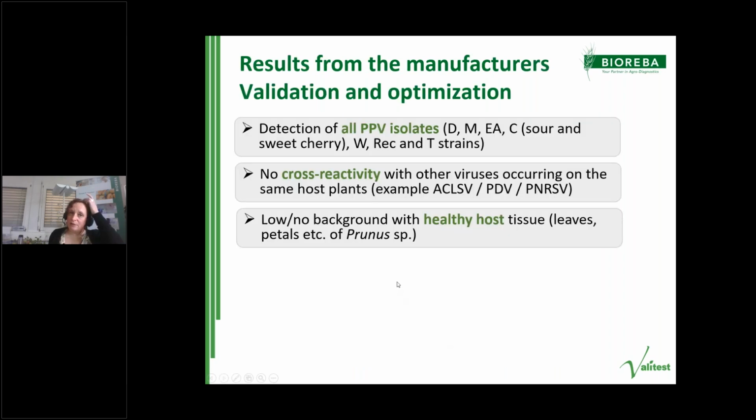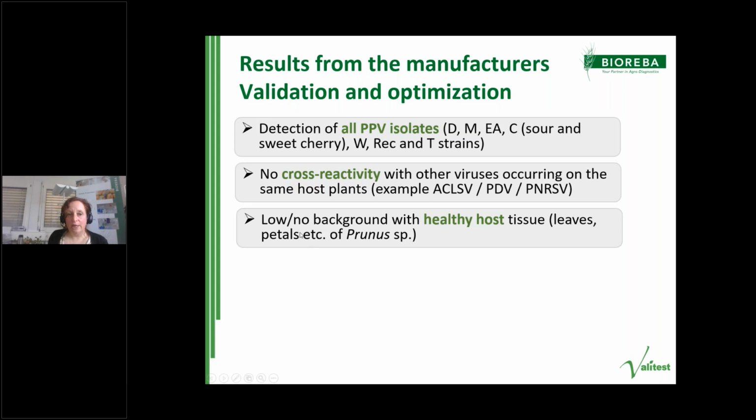So the results from our validation and optimization for Plumpox AgriStrip were that we detect all Plumpox isolates of this collection we had, and there was no cross-reactivity with other viruses. We also checked, for example, PDV or PNRSV, so viruses that occur on the same host plants.